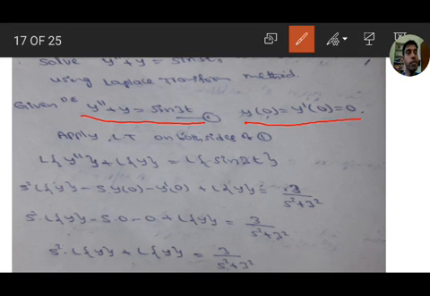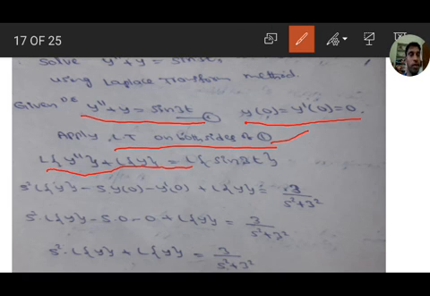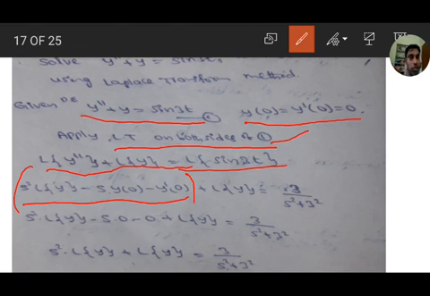Okay. So first step, apply the Laplace transform on both sides of equation 1. So we get L of y double dash plus L of y equal to L of sin 3t. The formula for L of y double dash is s square L of y minus s into y of 0 minus y dash of 0, plus L of y equal to 3 by s square plus 3 square.